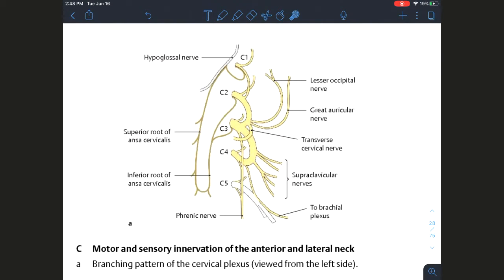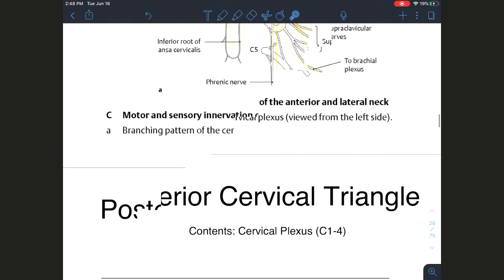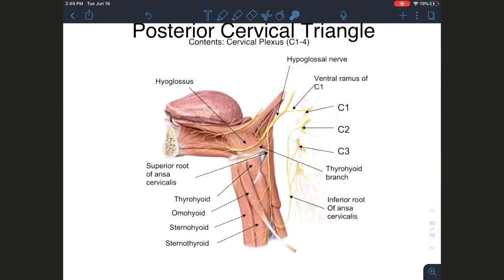And then, Erin, can you go down now so you can kind of see where it is? So when you're looking for the ansa cervicalis in the neck, the way you try to find it is start where the external jugular is and go a little bit posterior to the external jugular, and you should be able to find it pretty easily.